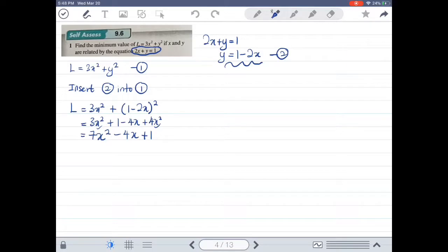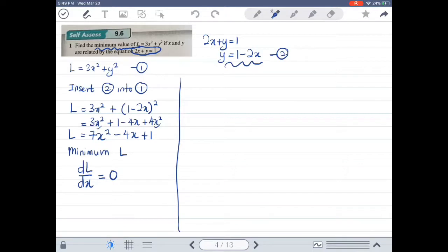And again, our aim is to find the minimum value of L. At minimum, to find the minimum value of L, we have to let dL over dx equal 0. As we can see, L is a function of x.